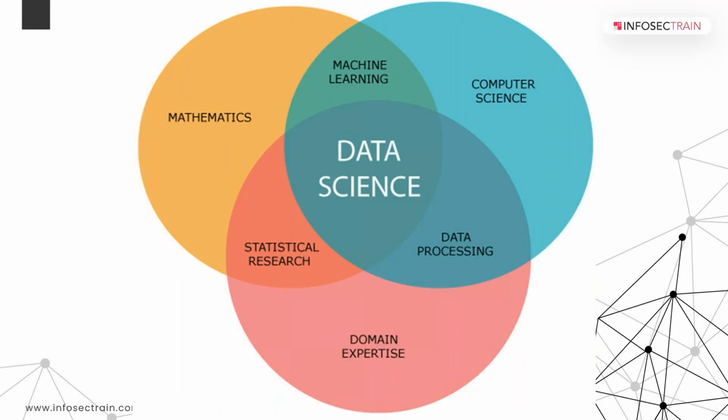Then mathematics. We all know mathematics is very important because from the first step of any data science project, we have to collect the data, and for that we require some sampling. Sampling is a sub-part of mathematics.